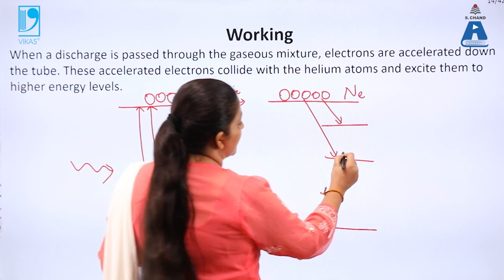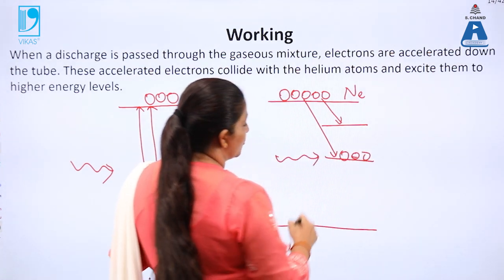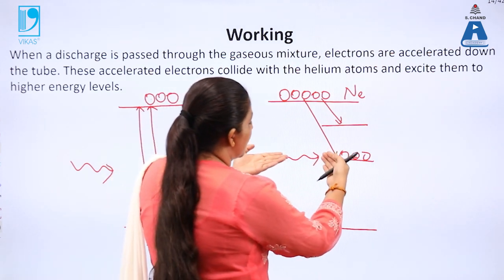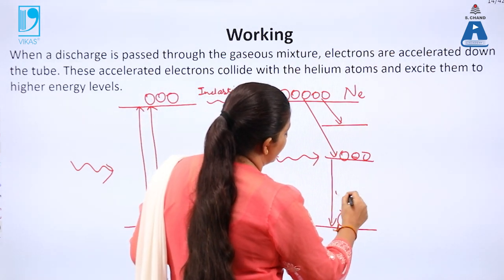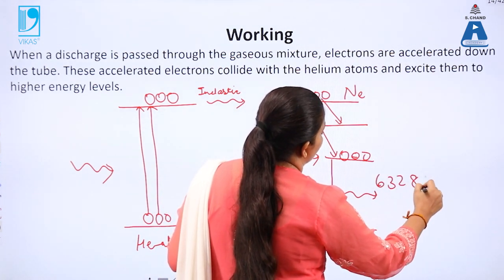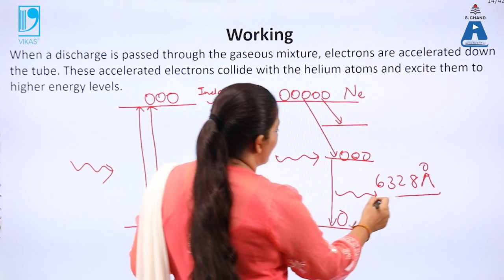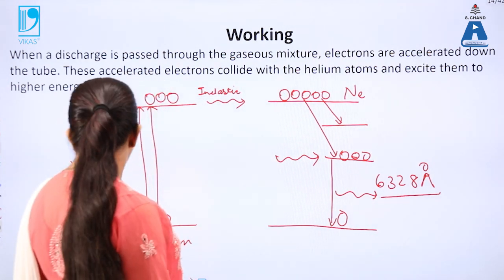Again, when the atoms are present at this state, some amount of photons are given. Then these atoms will jump back to the ground state by releasing laser light with a wavelength of 6238 angstrom. So this is the wavelength of the laser light. So this is the working of the helium neon laser.